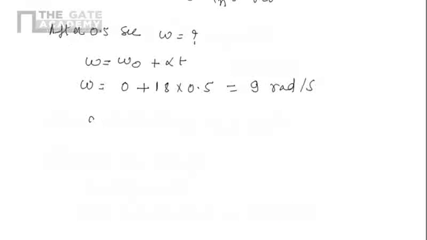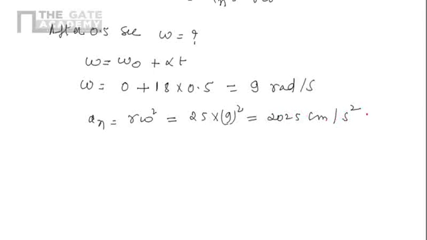So the normal acceleration r omega square is 25 into 9 square, which comes to 2025 centimeter per square second.